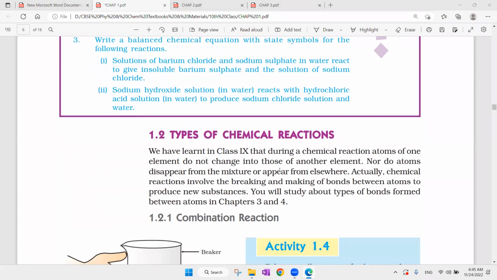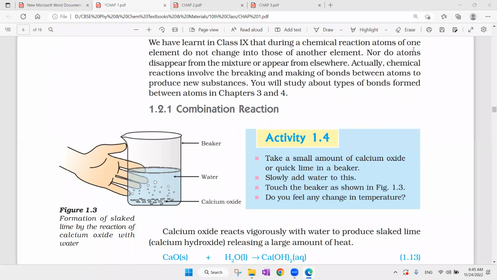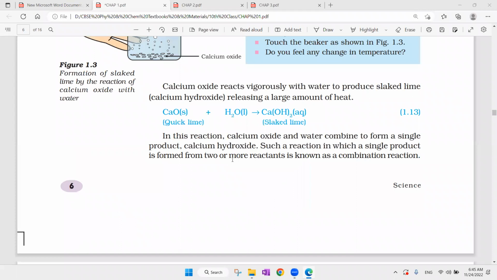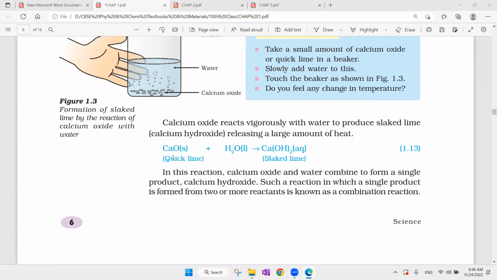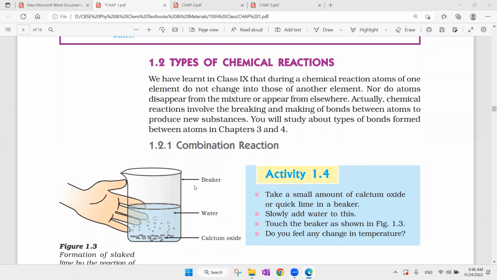1.2 topic, types of chemical reactions, starting with combination. A combination reaction gives information that if 2 or more elements or molecules are combined to form only one product, such reactions are known as combination reactions.